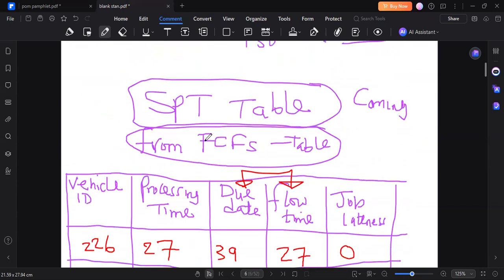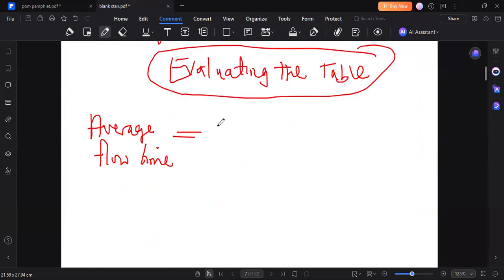That's average flow time, 302 divided by 4. So 302 divided by 4 is 25.5.